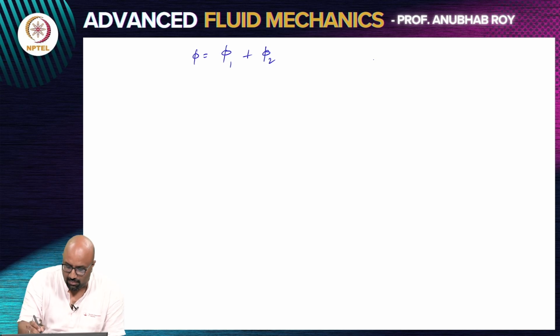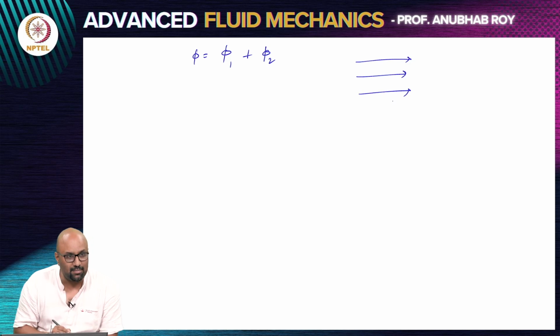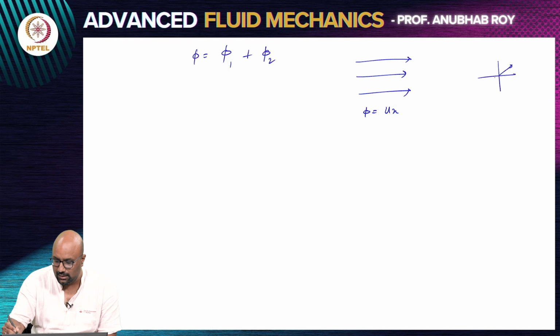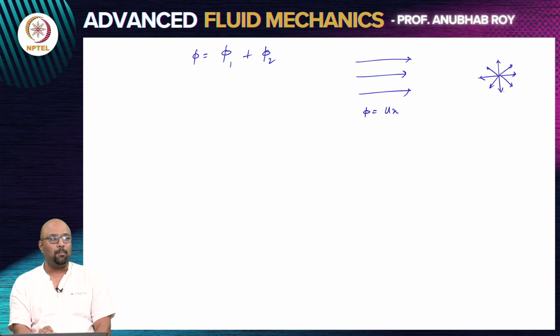The motivated combination I will do is I will take a flow that is obviously my uniform flow, where phi is equal to u times x, and I will consider a source flow. The broader motivation of doing all of this is we want to eventually know how to solve for flow past objects.